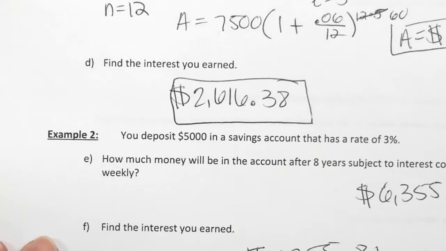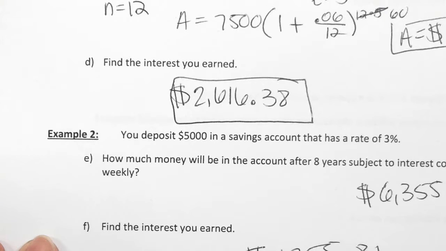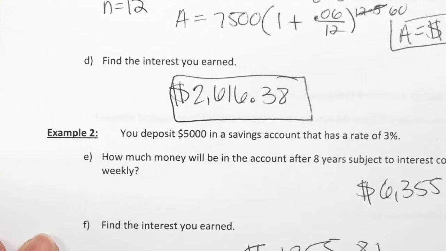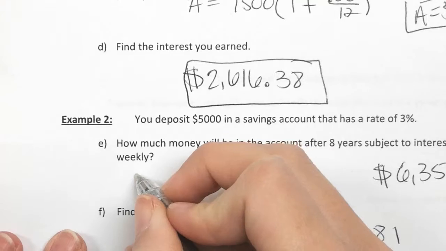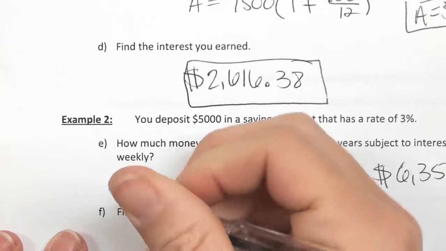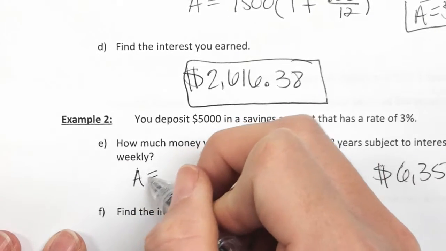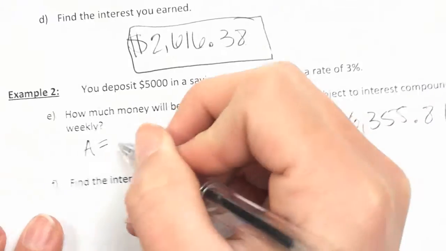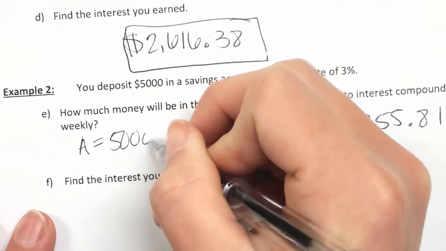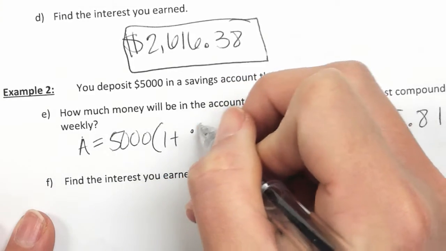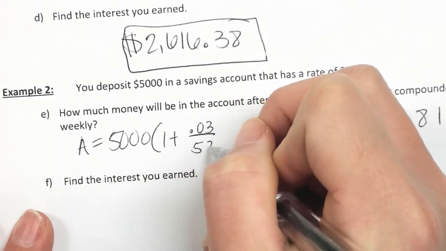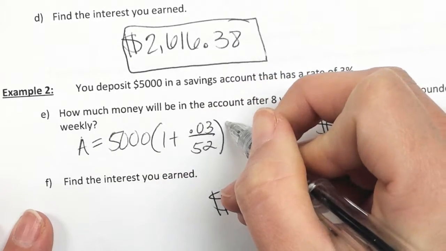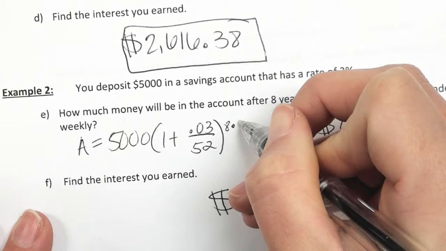Darius, tell me how to set it up again, the one we just worked. A equals what? 5,000, 1 plus 0.03 divided by 52, raised to 8 times 52.